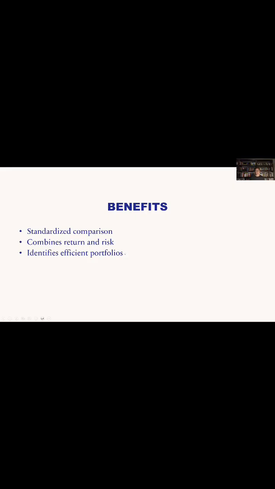Benefits: it's a way to standardize the comparison between portfolios and even across individual securities, actually. And it combines return and risk. By actually calculating a Sharpe ratio for portfolios, you can see how efficient they are, because if the returns are much greater than the actual variability, that's a very efficient portfolio.